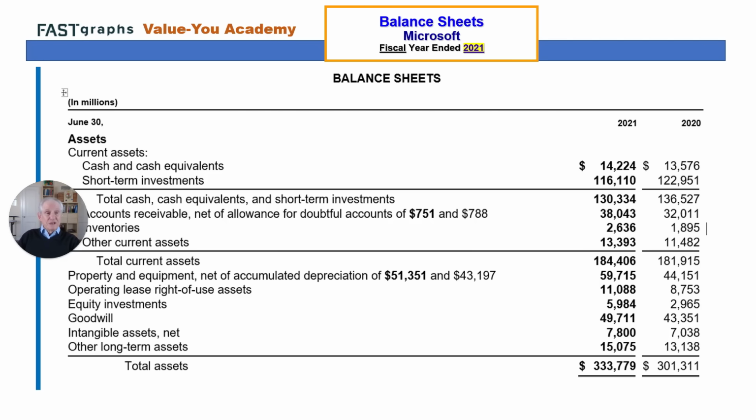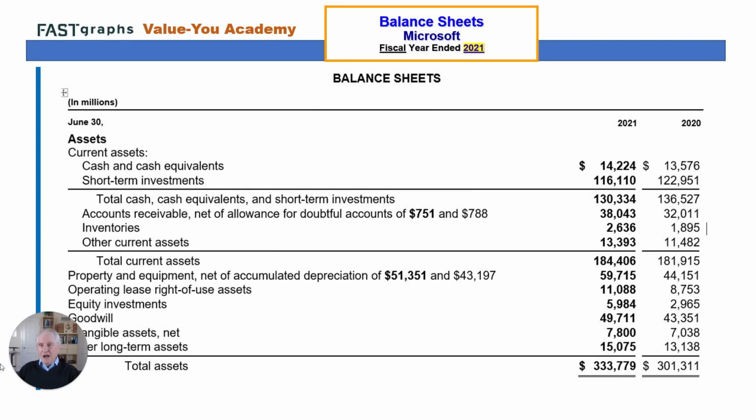Now, here they're required to give us 2 years, 2020 and 2021. So on the last day of the fiscal year, June 30th, we stop, take a picture of the business, a snapshot on one day, and on this day, what do they own? Well, let's look at the top assets.